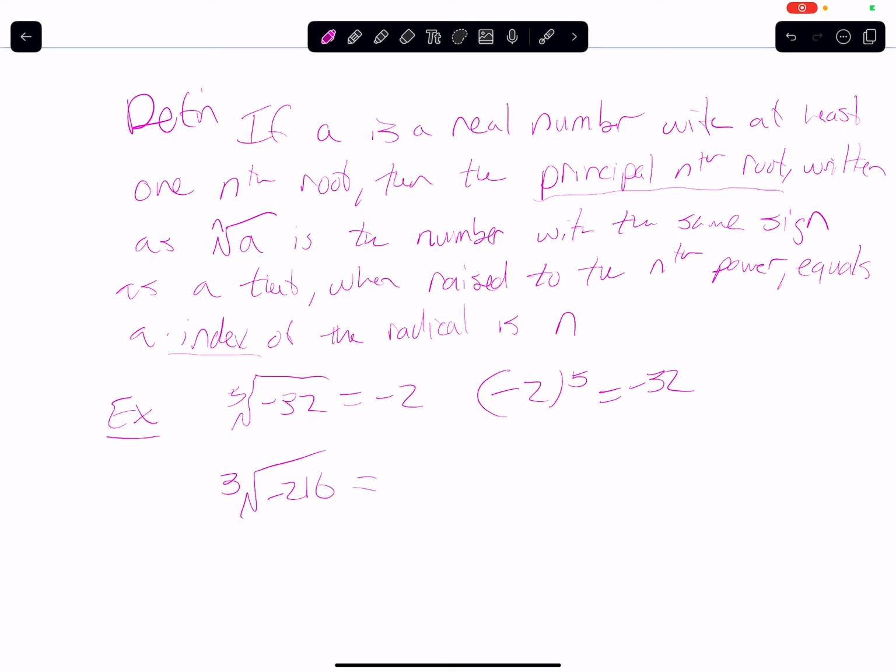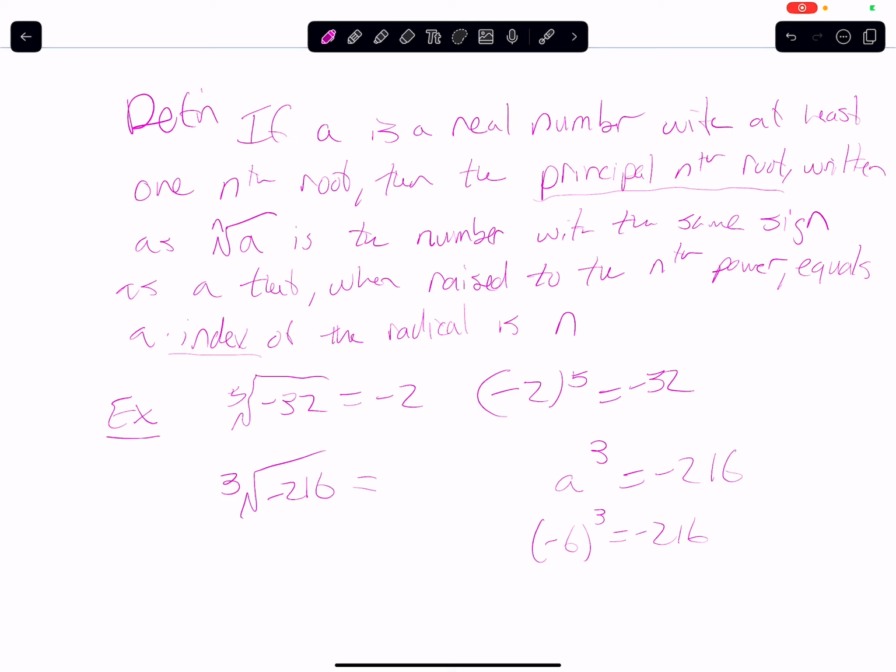What number raised to the third power gives us negative 216? Well, negative 6 raised to the third power gives us negative 216. So negative 6 times negative 6 gives us 36, and then times a negative 6 will give us negative 216.